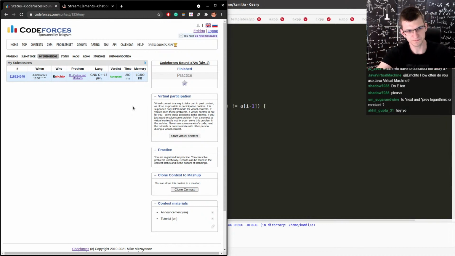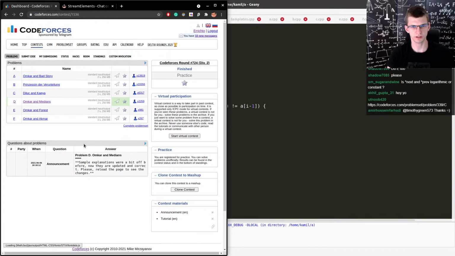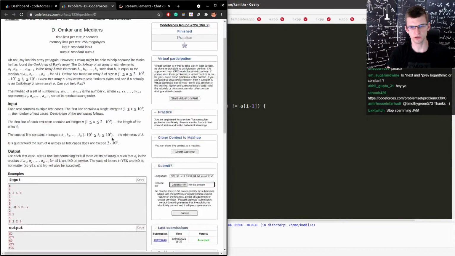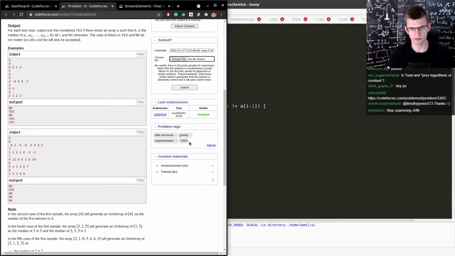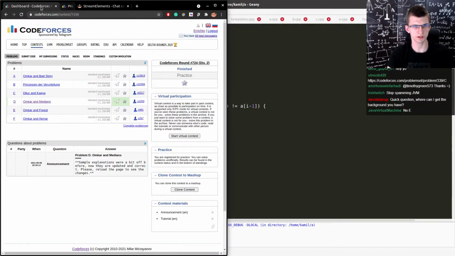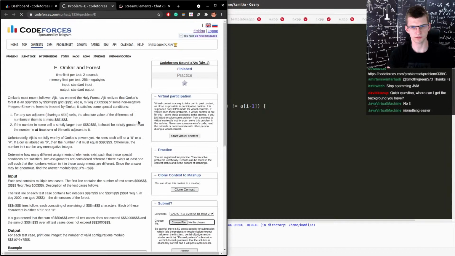Do we do E? I don't know, E seems hard. Maybe not that hard, but harder than I would want it to be. This problem I did was 2000, so let's not go much higher than that. What's the difficulty here?